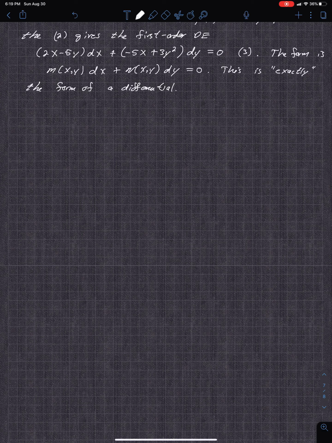So this is the definition of what we call an exact equation, or exact differential form.